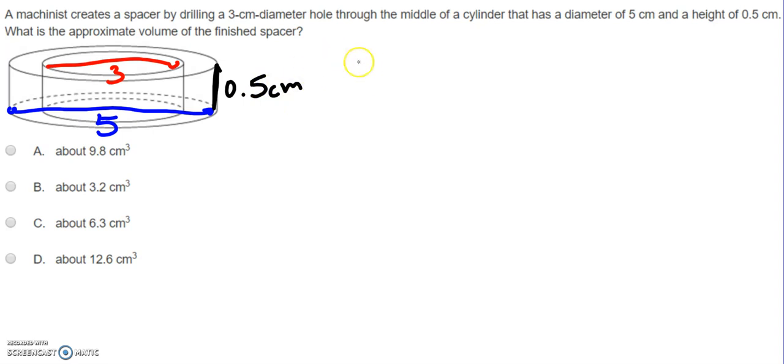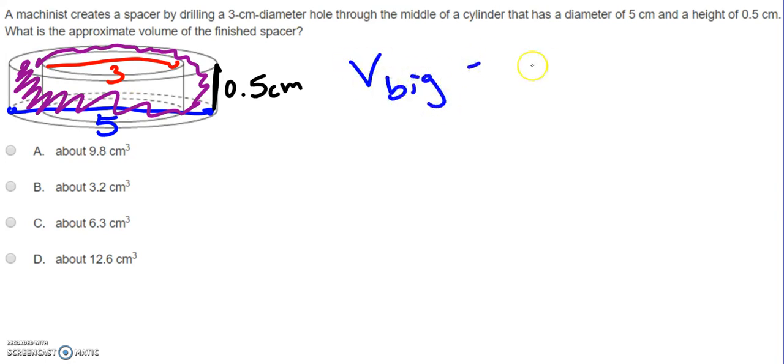Okay, so if we want to find the volume of what's in between these things going around, we need to do the volume of the big cylinder minus the volume of the small one.